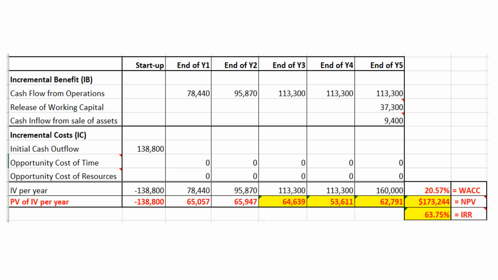So the business, if you surrender the future cash flows, you can borrow way more than 138,800. You can borrow 173,244, and that's called the net present value. So that is the right way when we consider time value of money to do the analysis.